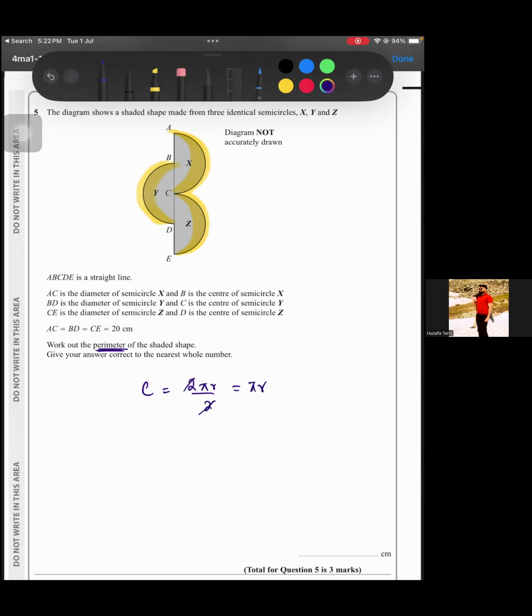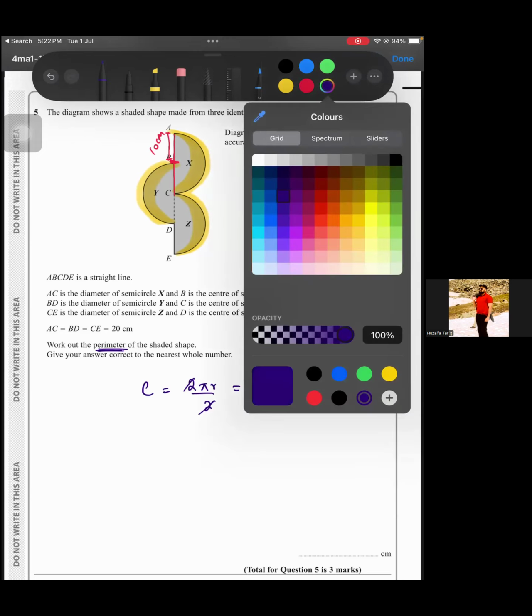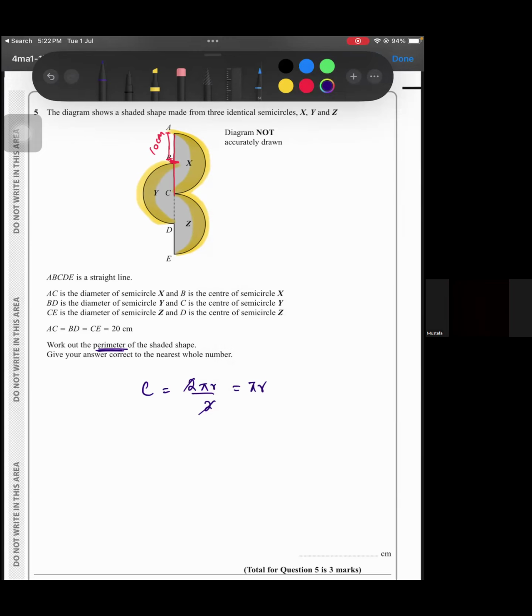The length of the whole diameter is 20 centimeters for each, so the radius is 10 centimeters, which is half. Applying the formula, 3.142 times 10 equals 31.42.